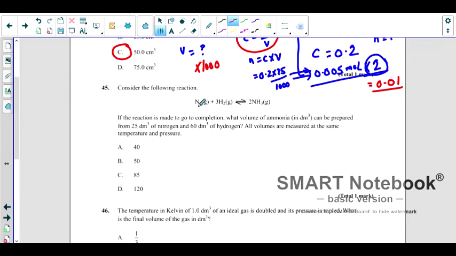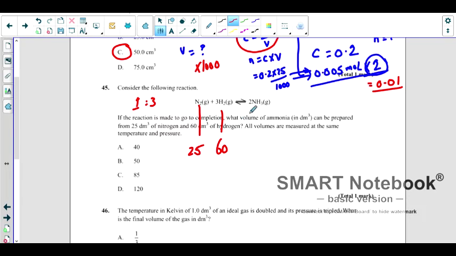Consider the following reaction. Nitrogen plus hydrogen is giving you NH3. The mole ratio is 1:3. It is gases, so volume is also acceptable. He says that you have 25 decimeter cube of nitrogen. This one we have 25, and this much we have 60.